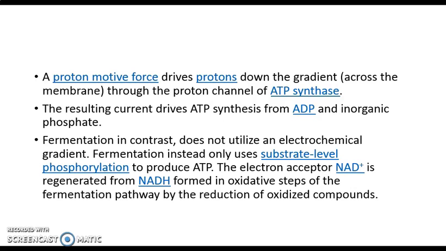The electron acceptor NAD+ is regenerated from NADH formed in the oxidative steps of the fermentation pathway by the reduction of oxidized compounds. So the NAD+ is regenerated from NADH, which is formed in the oxidative steps of the fermentation pathway, as a result of the reduction of oxidized compounds.